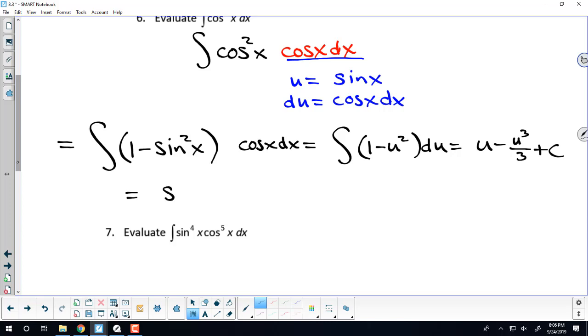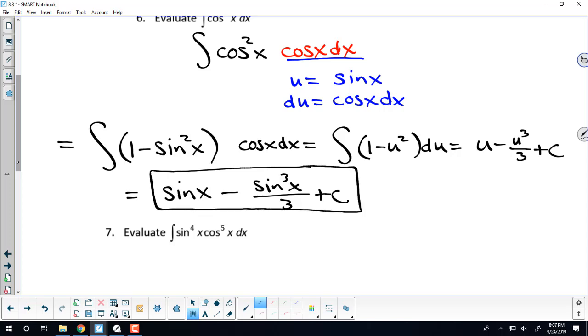Our u was sine, so it's sine x minus sine cubed over 3 plus c. With a lot of these integration techniques, I don't think you have to know any new information other than the process itself, because everything else will fall back on something we know.